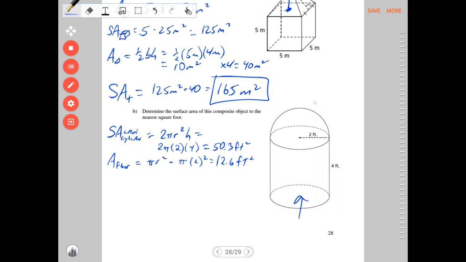Then we have to have the area of the hemisphere on top. Not a big deal. So remember, we don't have to include this circle. That circle is being covered up by the 2 shapes. So remember, the lateral surface area of a hemisphere is only 2 circles worth.